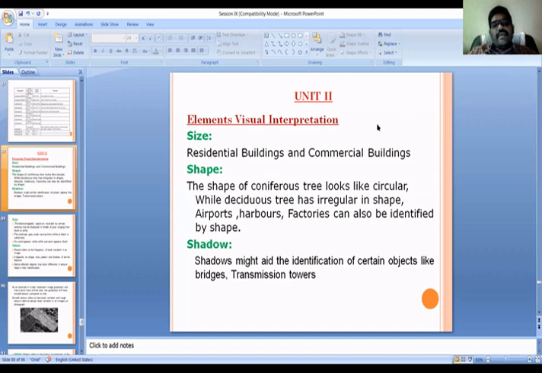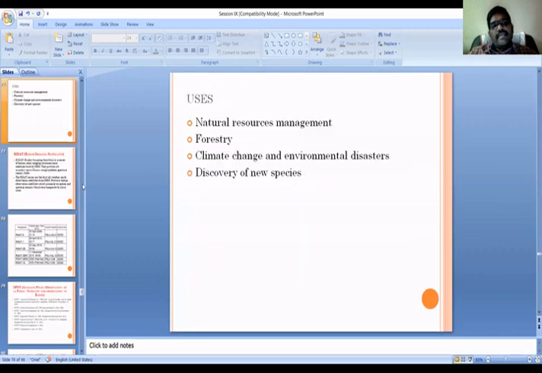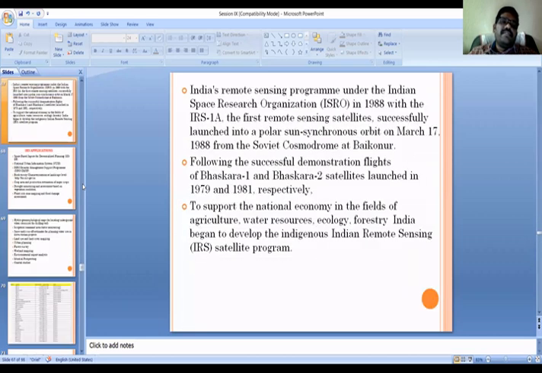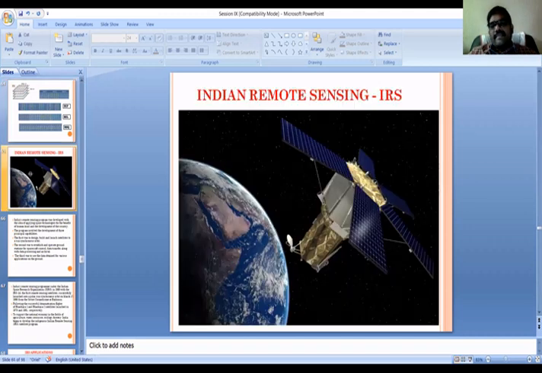Now we have successfully completed the first unit, where we discussed the basic introduction to remote sensing and geographical information systems, which holds elements like electromagnetic radiation and the electromagnetic spectrum.